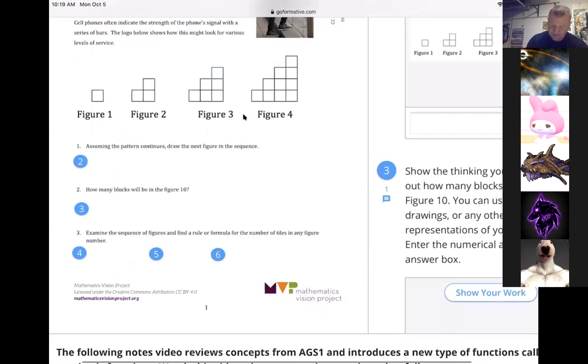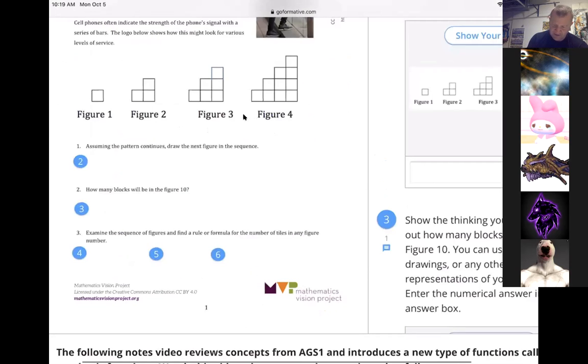For number 2, the next one would have been 5 blocks over on each side. I can tell that you guys are picking up on the pattern there. Judging on the accuracy of what I'm seeing, everybody got it pretty much, so I'm not going to spend too much time on 2.